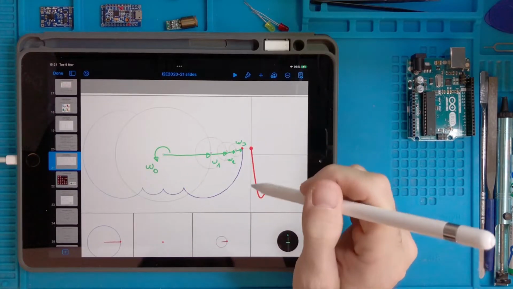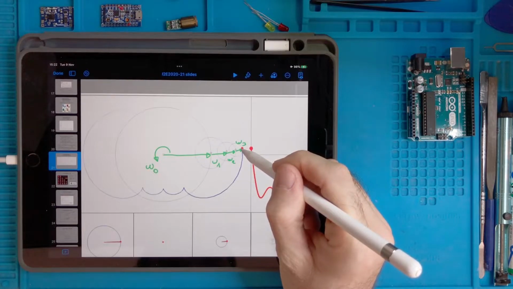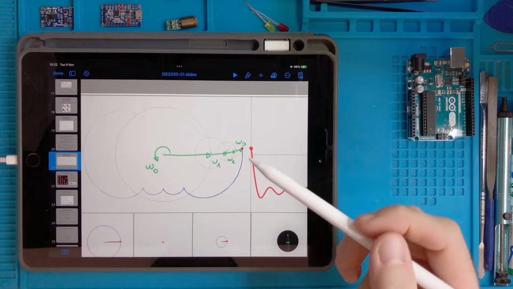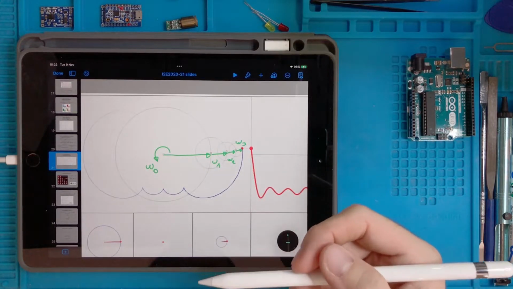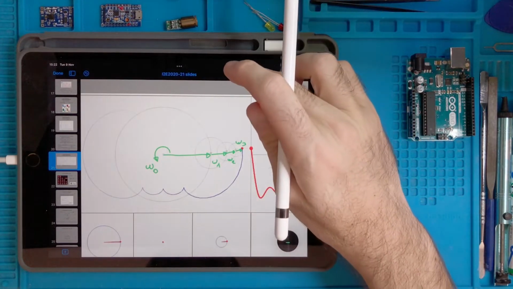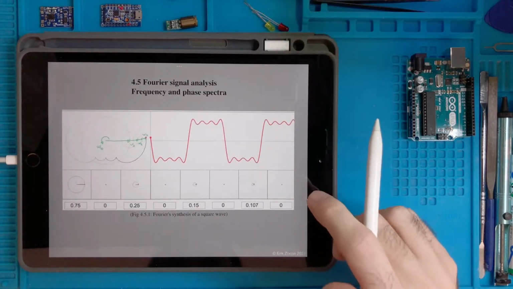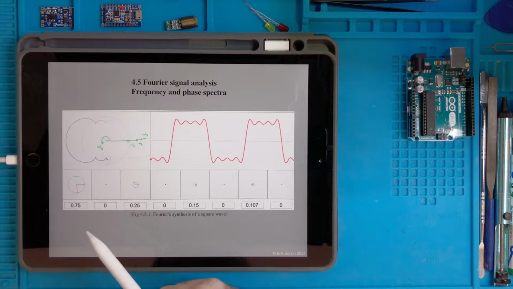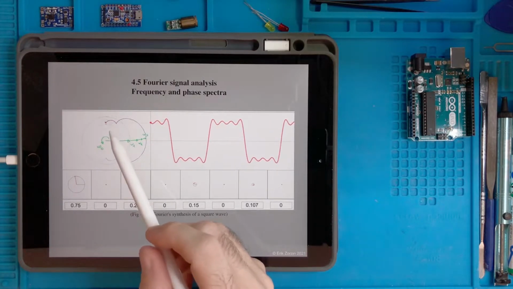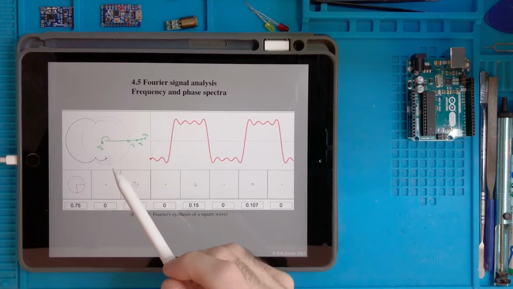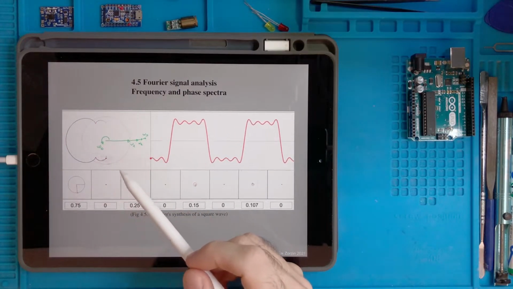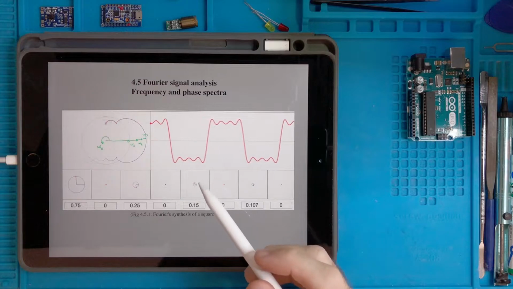So let's see what happens to the trajectory of this red dot here as we make the time evolve. So you see, we get a 2D trajectory, a little bit strange, but it's the result of this summation of the phasors.